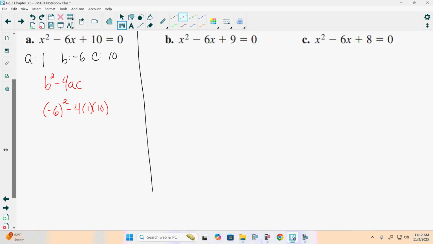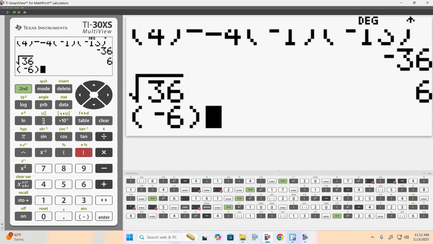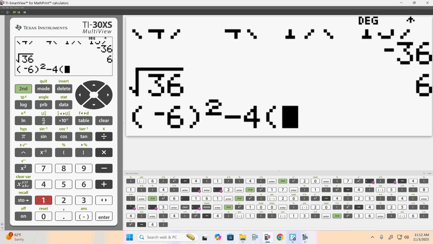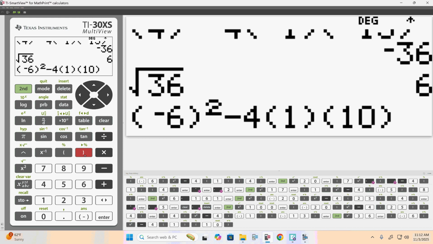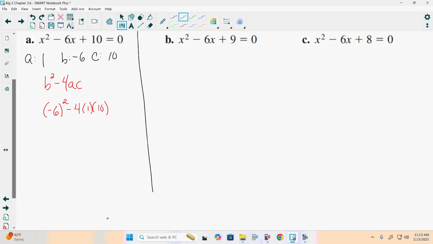At this point, I would just grab a calculator. It tells us that its value is -4.